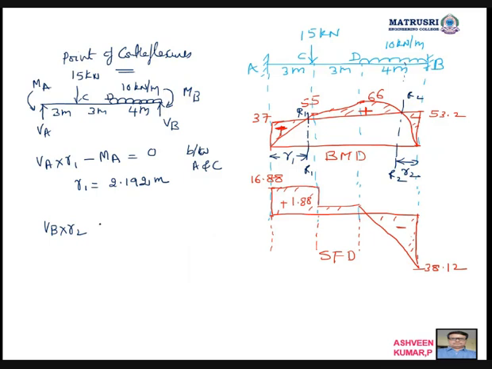Then clockwise negative. MB is clockwise. This is also clockwise. So 6 minus 10 into R2 square by 2 is equal to 0. Substitute the value of VB and MB. Then we will get the value of R2 in an equation. You will get a quadratic equation.